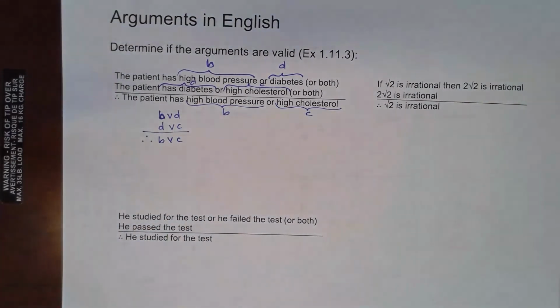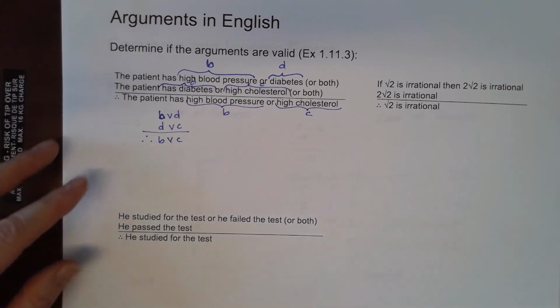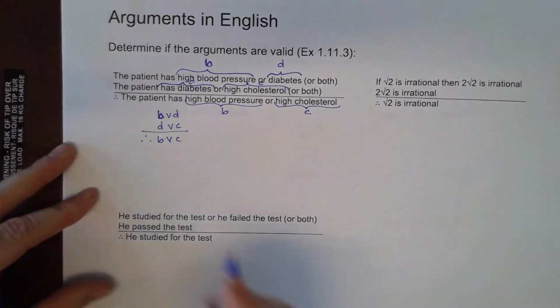Okay. So if we rewrite it in its symbolic notation, now we have this condensed version that represents the original problem, but it's much easier to think about because it's abbreviated. If we're trying to look at whether this is a valid argument or not, we simply have to go and look at our truth table.